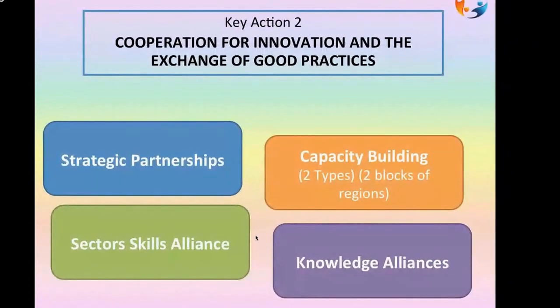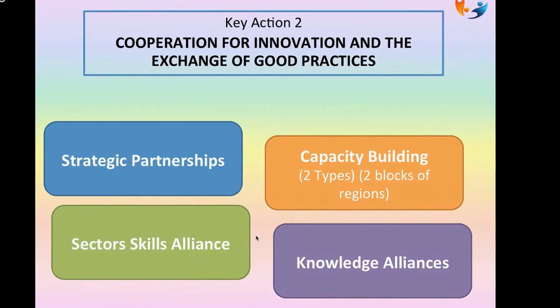And passing to Key Action 2, as you may remember from the previous webinar, it takes into consideration the cooperation for innovation and exchange of good practices, and it is referred to as the second step towards our path of growing and acquiring more management in projects under Erasmus+.